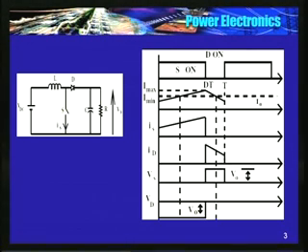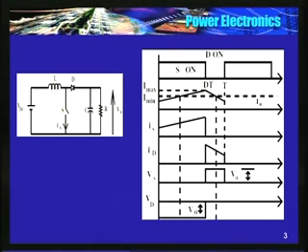So what is the voltage across the switch when the diode is conducting? When the diode is conducting, V0, or voltage across the C, appears across S. There is a short here, so V0 appears across S. So this is the voltage waveform, voltage across the switch, Vs, V0.